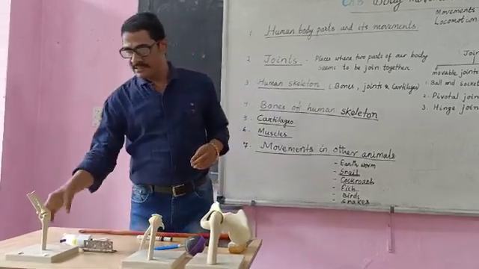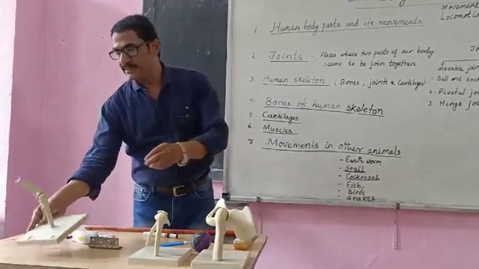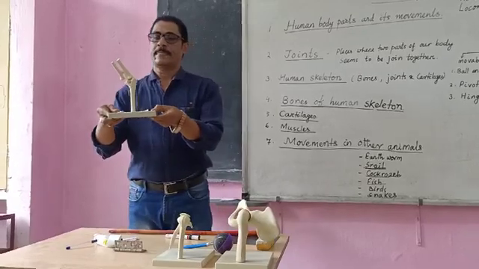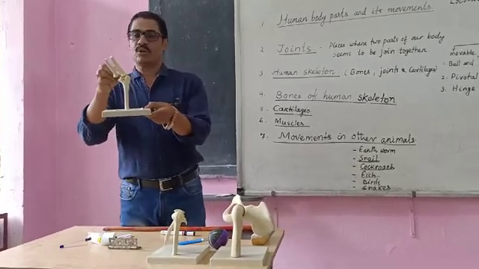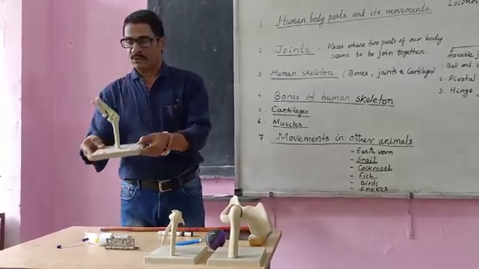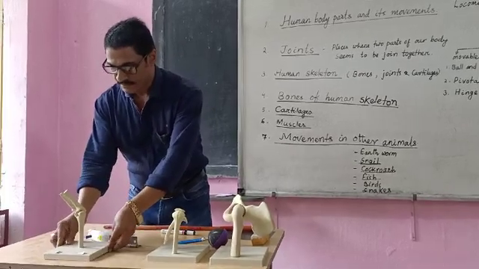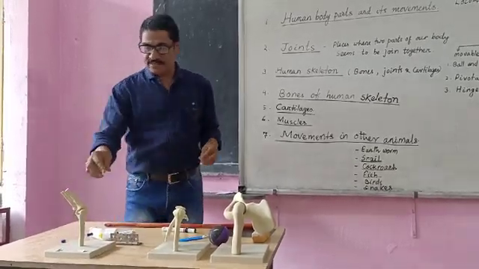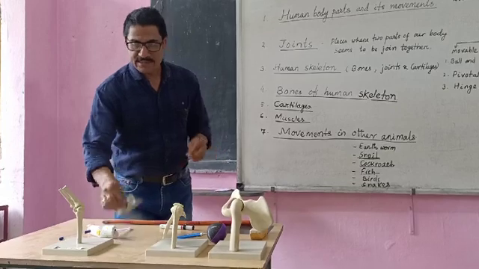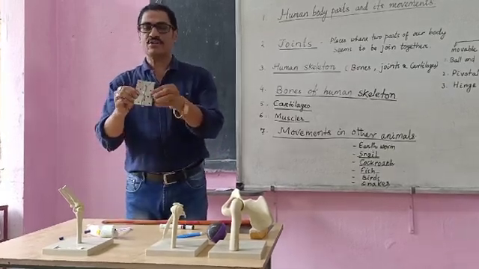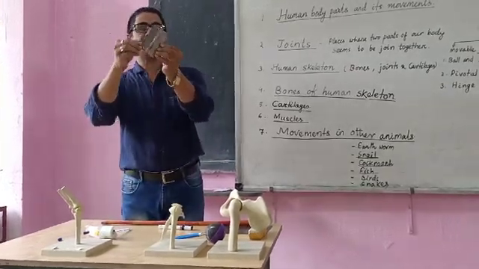The hinge joint is found in the elbow region. It consists of two bones. This joint allows movement like the hinge of a door. You have seen the hinge in a door.